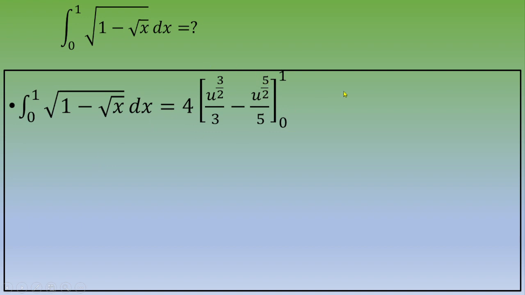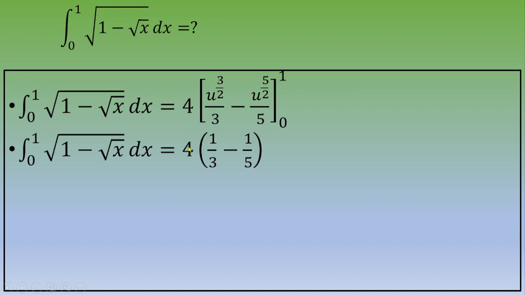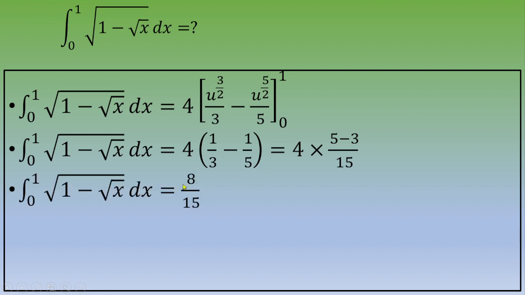So you end up with 4 times (1/3 minus 1/5). And now this is 4 times (5 minus 3) over 15. 5 minus 3, this is 2. 4 times 2, this is 8. So you end up with 8 over 15.